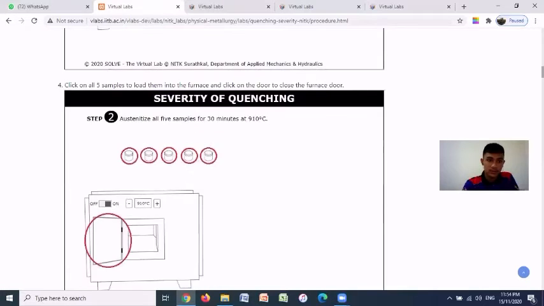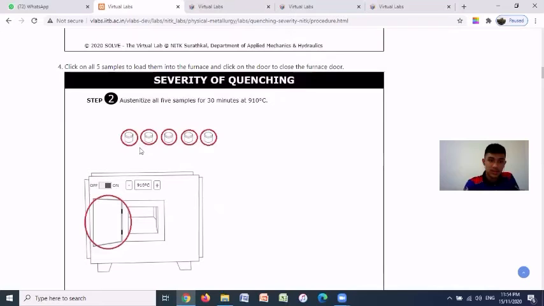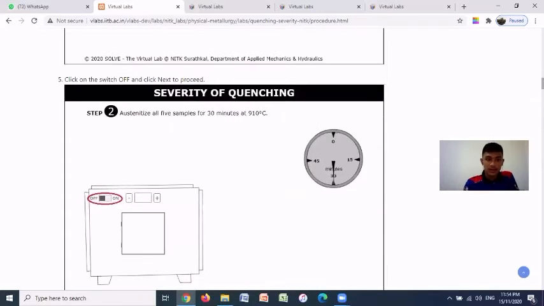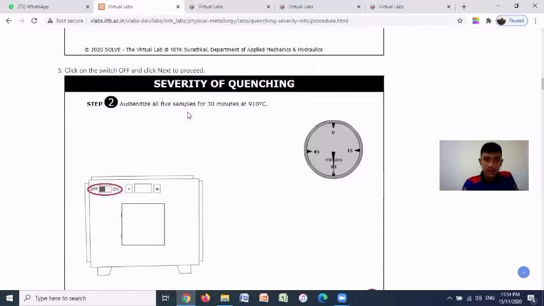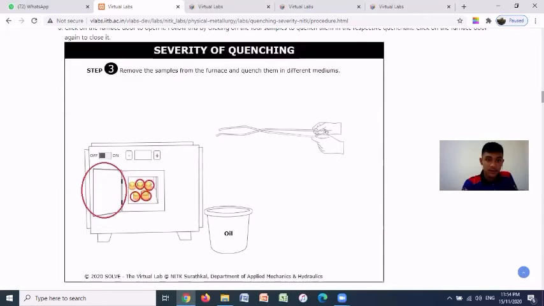Okay, terusnya klik pada 5 sampel tu dan masukkan ke dalam furnace dan klik on the door to close the furnace door. Alright. Then austenitize all 5 samples for 30 minutes at 910 degrees Celsius. Alright.